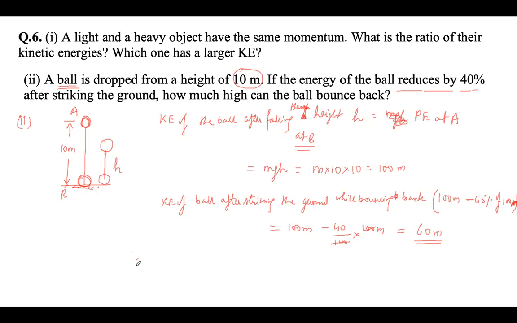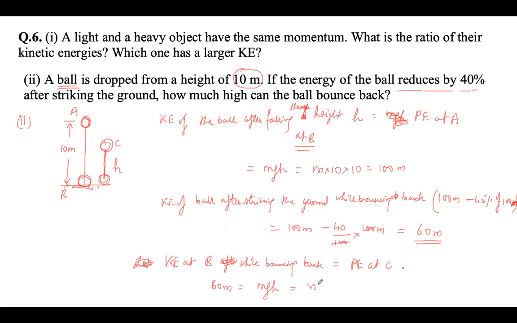So now kinetic energy at B while bouncing back is equal to potential energy at C. ठीक है, जब वो बाउंस बैक हुआ उसके बाद मैक्सिमम हाइट C तक जा रहा है तो पोटेंशियल एनर्जी एट C. Now kinetic energy at B is 60 m while bouncing back, and potential energy will be equal to mg into h.